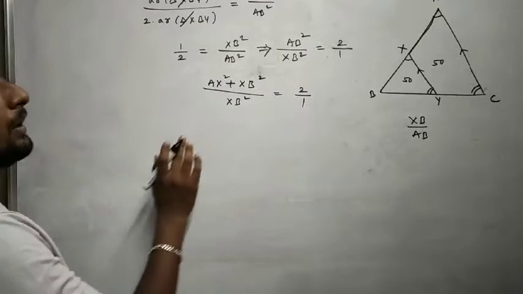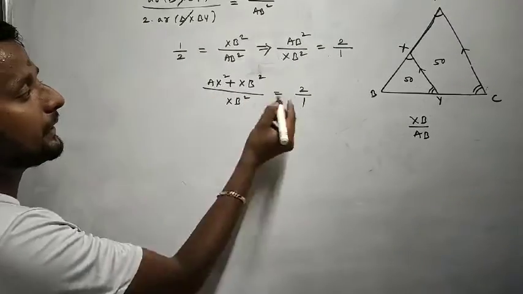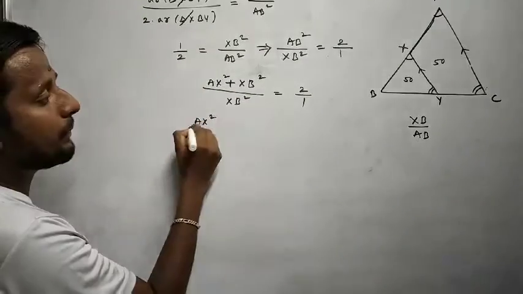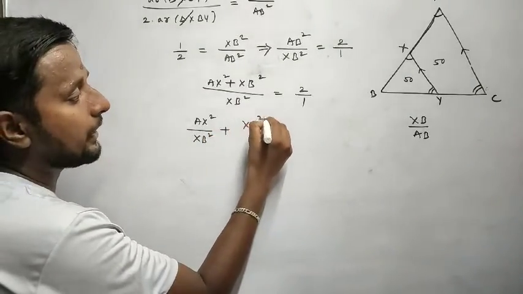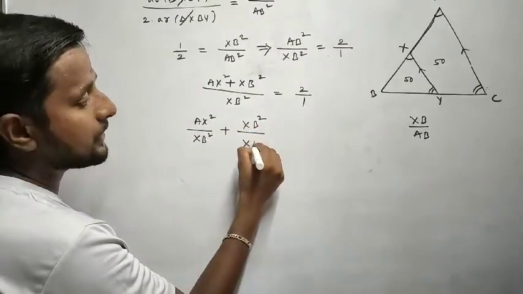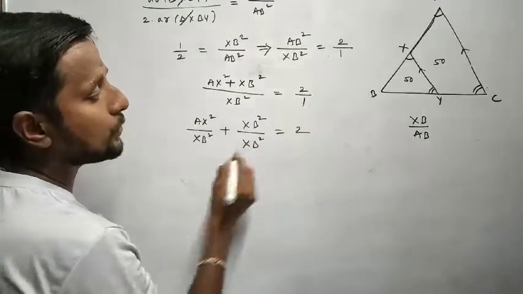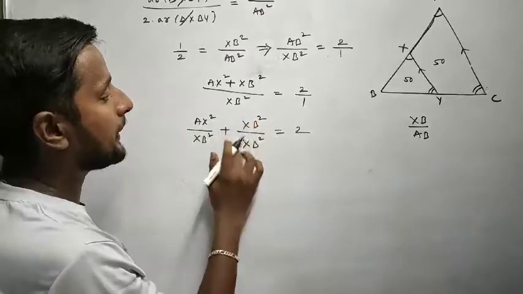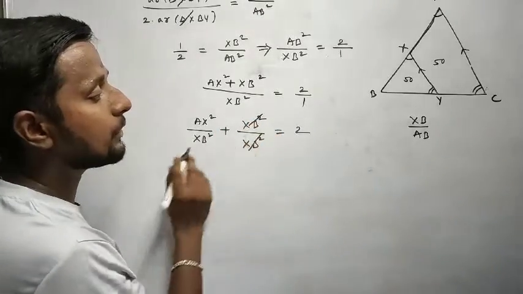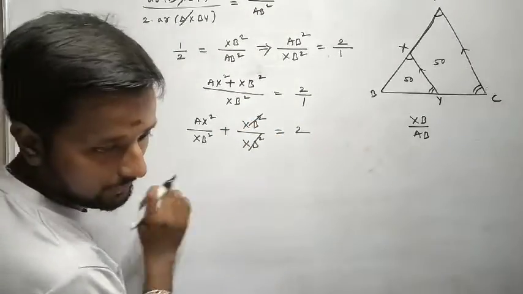Yeah, right. Then separate it: AX square by XB square plus XB square by XB square, that is equal to 2, correct? So both get cancelled, correct? It is equal to 1, right?